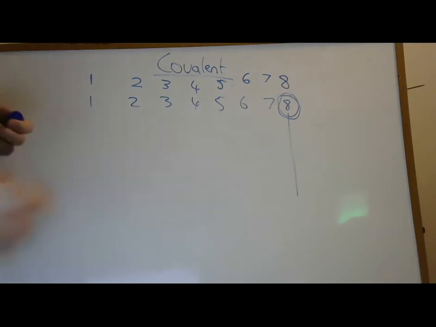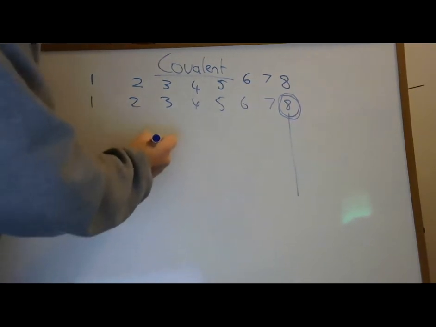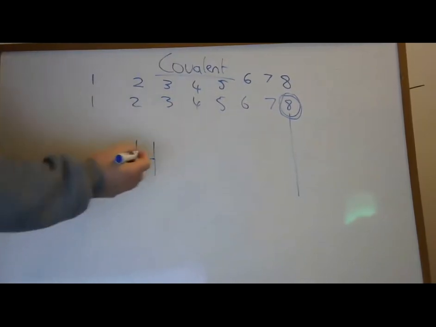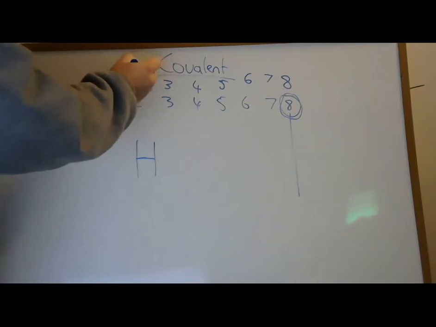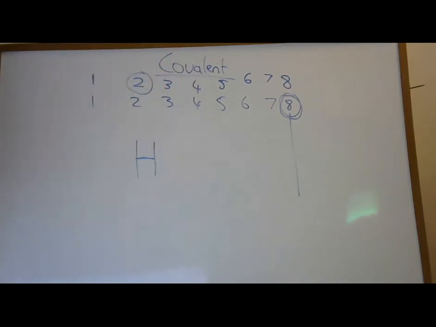Hydrogen, again, simple example. Okay, actually it's probably not the best example because it breaks the rule. Hydrogen only needs 2 electrons to achieve a noble gas configuration, whereas the rest need 8.